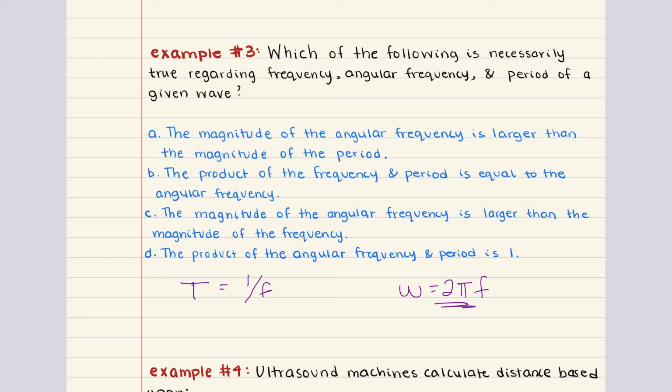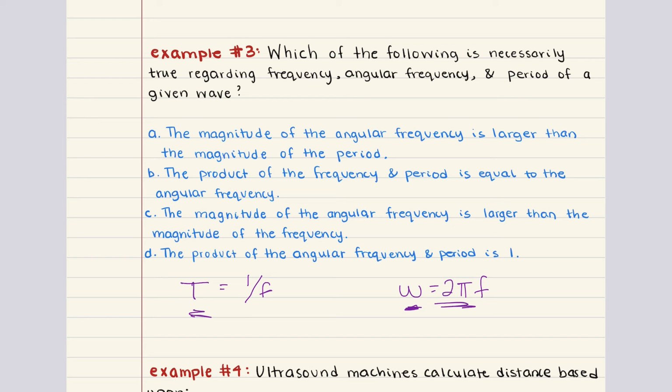A says the magnitude of the angular frequency is larger than the magnitude of the period. Now, this statement is incorrect because the relationship between angular frequency and period is not directly about magnitude.